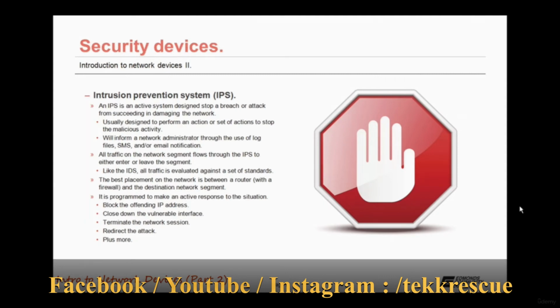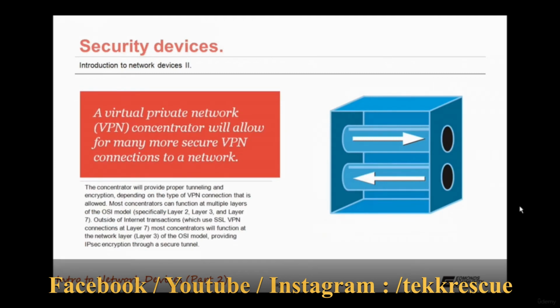damaging your network. Let's move on to the Virtual Private Network Concentrator, the VPN concentrator. Now this will allow for many secure VPN connections to a network. The concentrator will provide proper tunneling and encryption depending upon the type of VPN connection that is allowed to the network. Most concentrators can function at multiple layers of the OSI model.